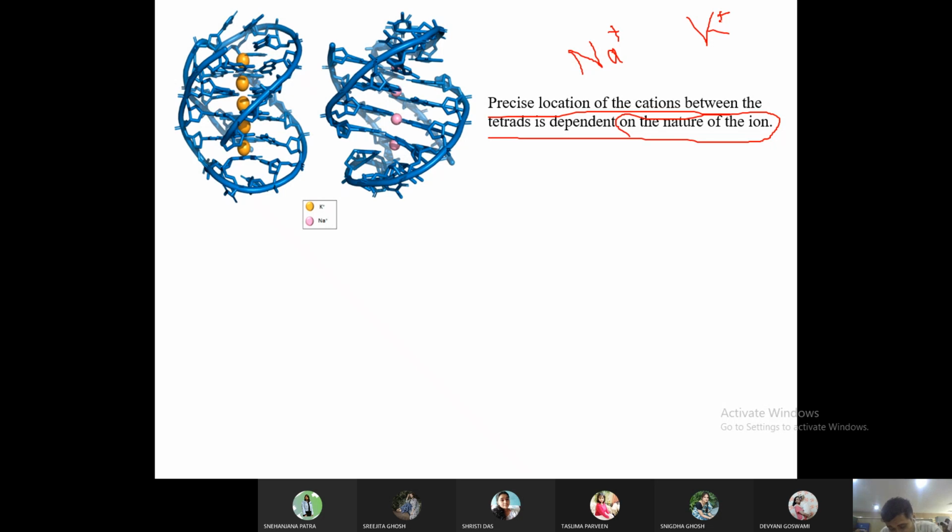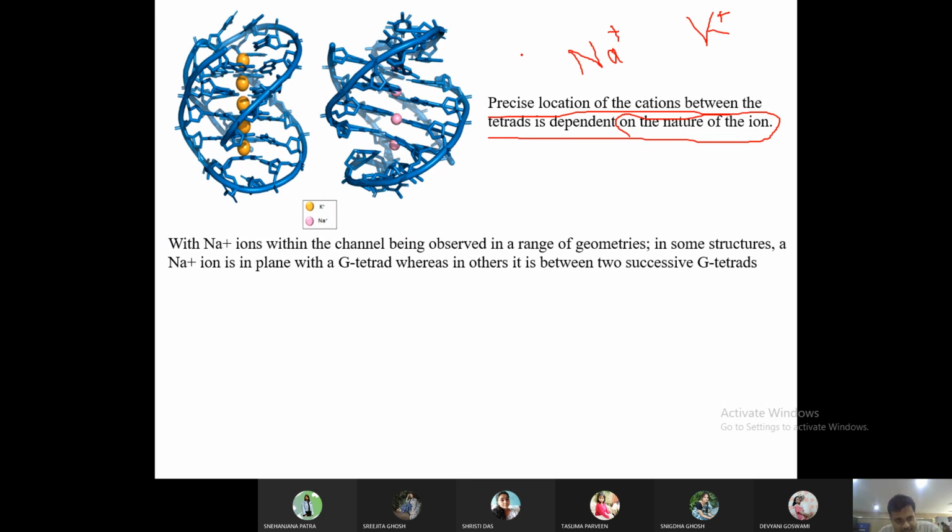But the arrangement of these cations, both sodium and potassium, differs a little bit depending on which one is stabilizing the helix. The quadruplex helix structure remains as we have studied, but the arrangement of ions inside the quadruplex varies a little bit. How much?